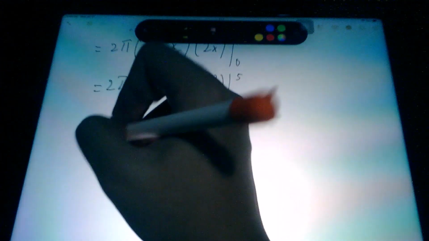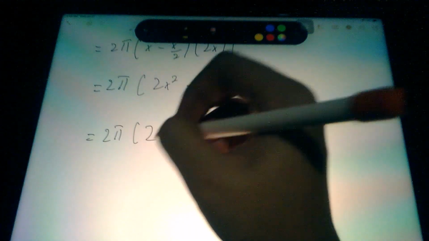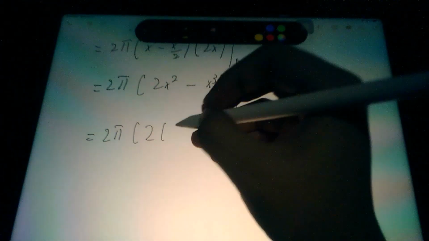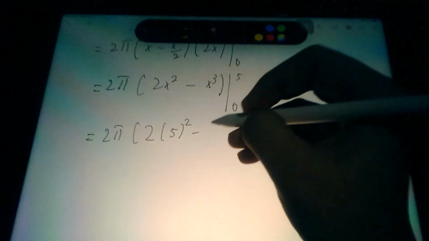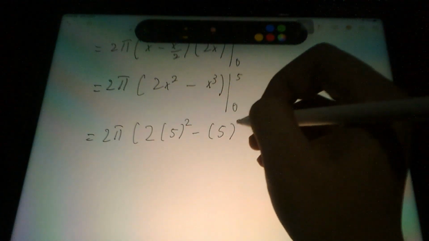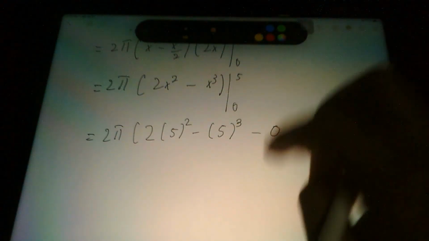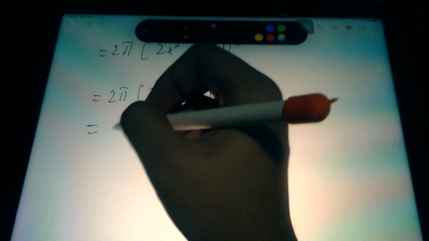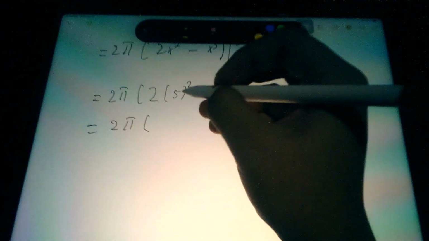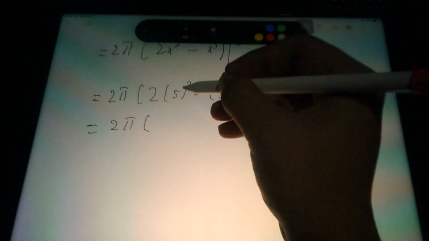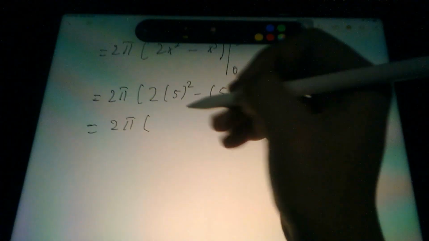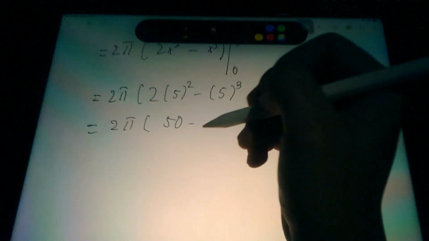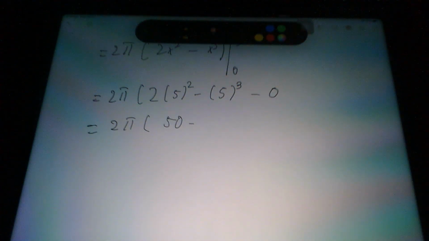So this is 2 pi times, substituting 5 for x, this will become 5 squared minus 5 cubed minus 0. So our answer here will be 2 pi times 5 squared, which is 25 times 2 is 50, minus 5 cubed, which is just 125.